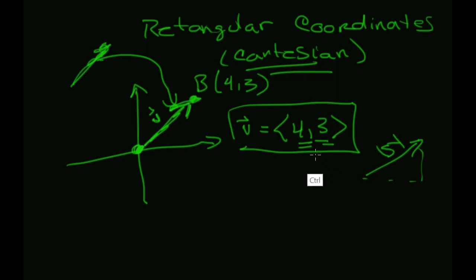So the magnitude of v in this case would be 5. So I've locked in both the direction and its magnitude. So this is an adequate and full way to define a particular vector. Okay, so any vector that does in fact start at the origin is what is called a position vector.